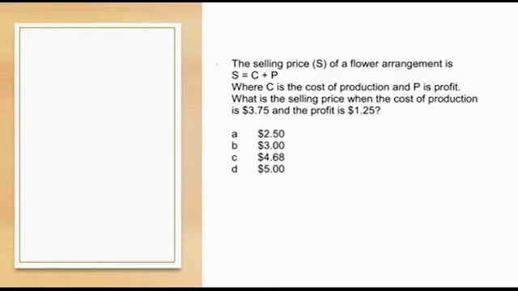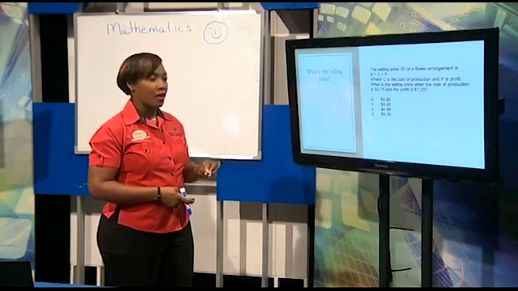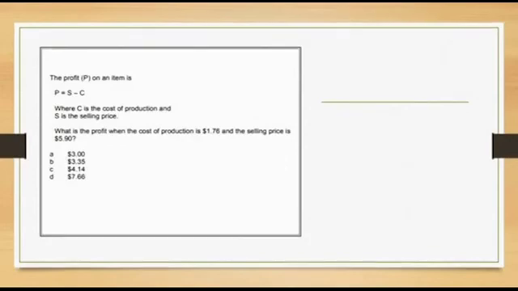So you're looking at information and you're substituting it in this simple equation to figure out what your selling price is. They gave you the value of C and they gave you the value of P. All you're doing is substituting to find what is S, which is the selling price. So C is $3.75 and P is $1.25. So if you add those, you would get $5. So the selling price for the flower arrangement is $5. It's so easy to figure out.